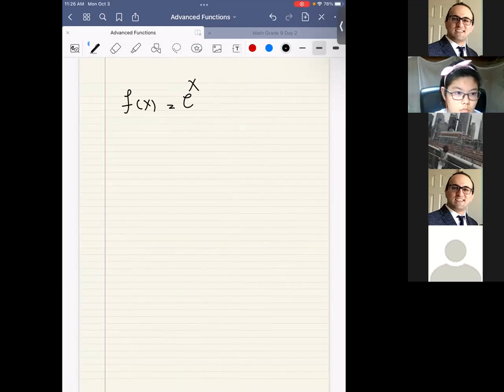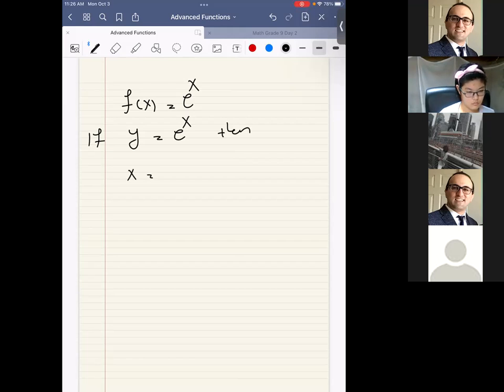If y is equal to e to the power x, then we know that the inverse of this function is the logarithm. The logarithm with base e, we usually denote it by ln. That is the natural logarithm. So x is equal to ln of y.